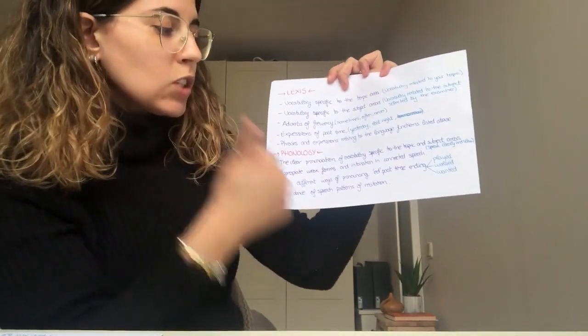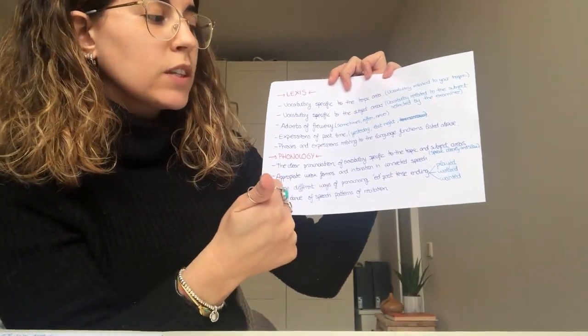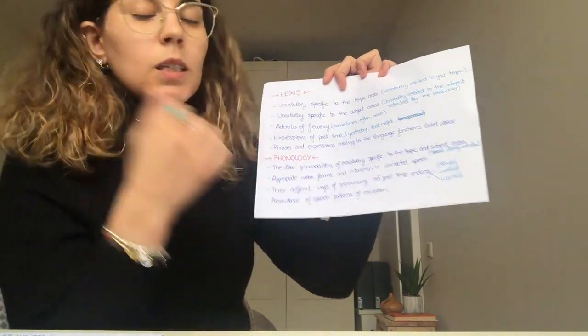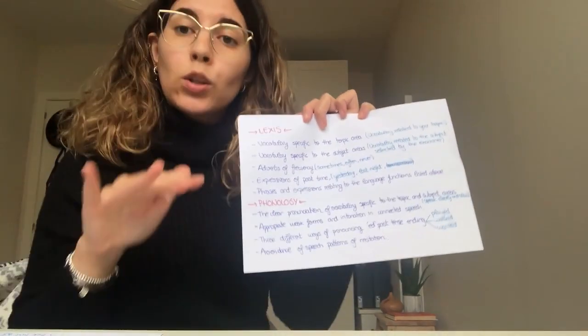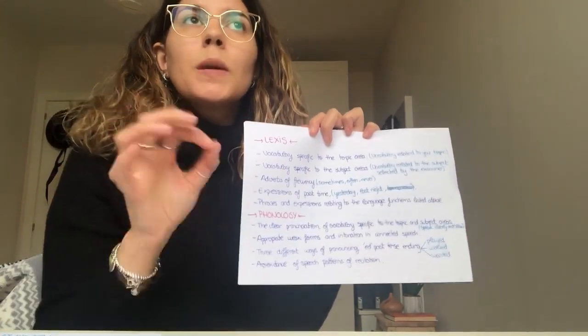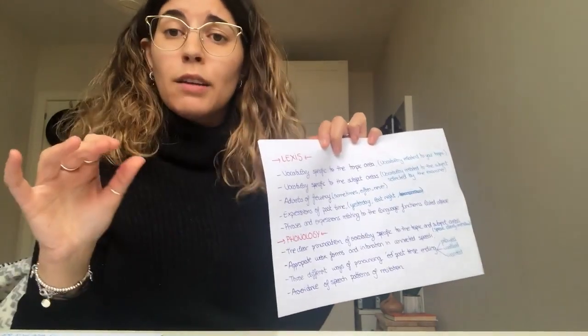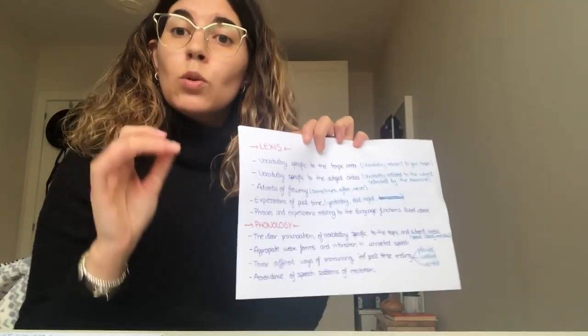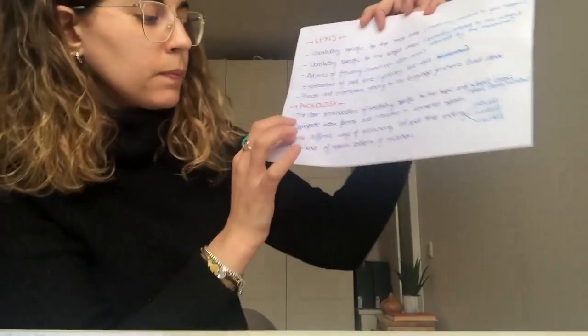The clear pronunciation of vocabulary specific to the topic and subject areas. That is, speak clearly and slowly. Okay? It's better to speak clearly and slowly than really, really fast because the examiner needs to understand you, okay?